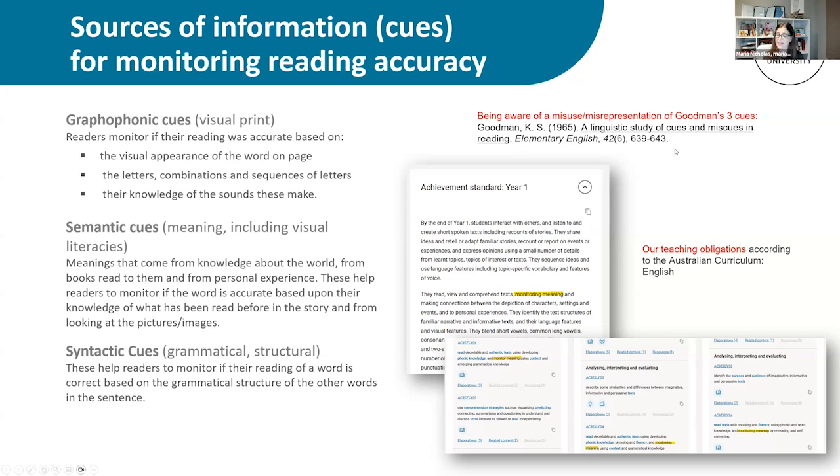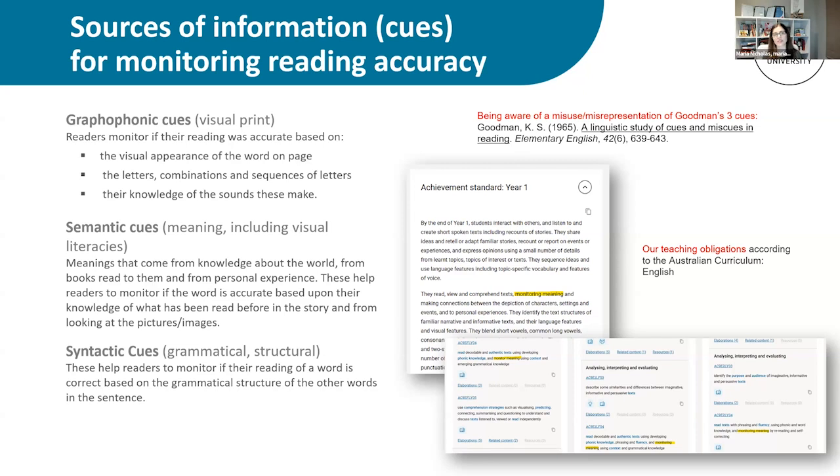And it was a study of the errors, the miscues that children made. We don't want to be teaching children to guess. We don't want to be teaching children to miscue.